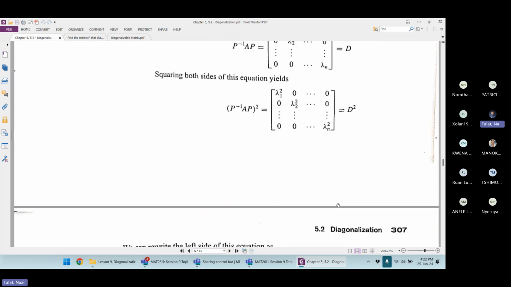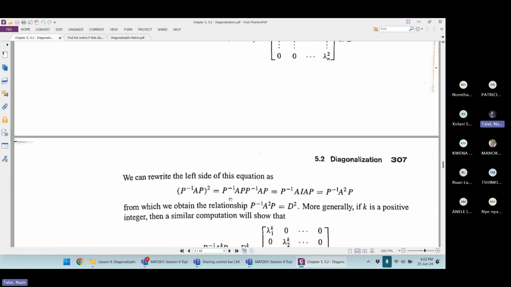Now, if you multiply P inverse A P again with itself, the square of this is P inverse A P times P inverse A P. Then P P inverse will cancel and gives us the identity matrix over here, and A times A becomes A square.